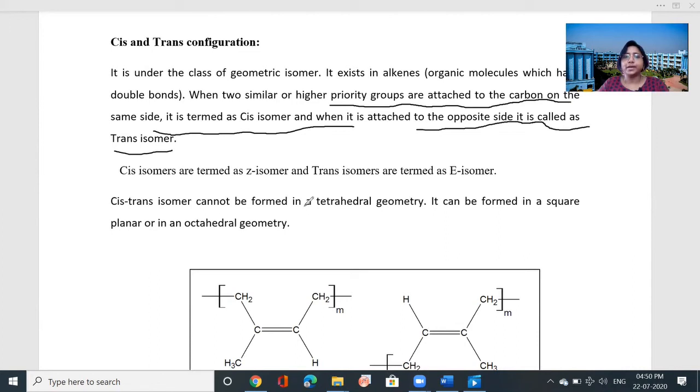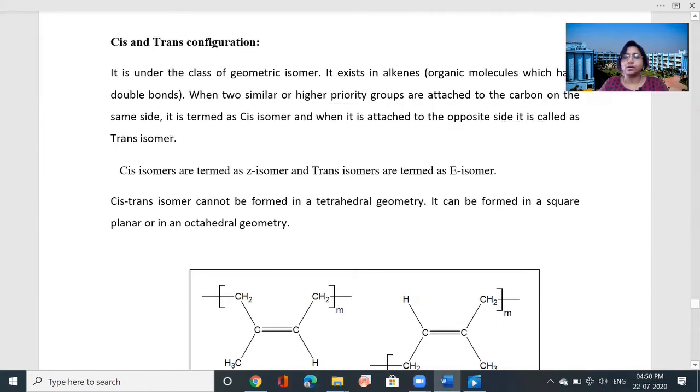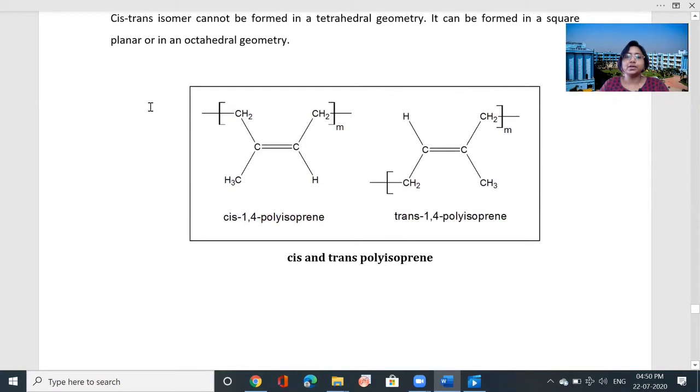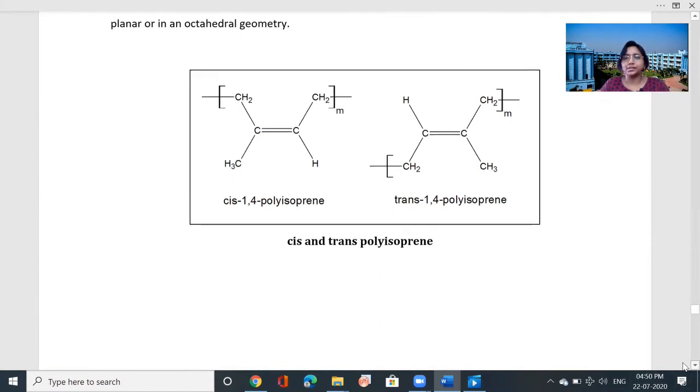So here you can see from the figure the cis isomers and the trans isomers. If the higher priority or bulky groups are on the same side, this is called cis. The first one is cis and the second one is trans.